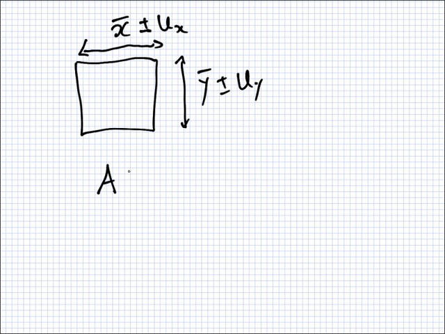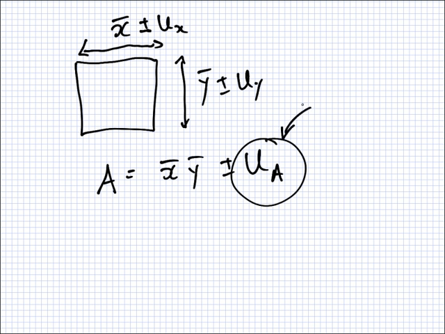So the area will be x times y, of course, but the question is, what is the uncertainty? Is it ux times uy? Is it ux plus uy? Don't know.